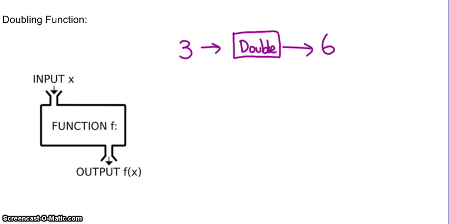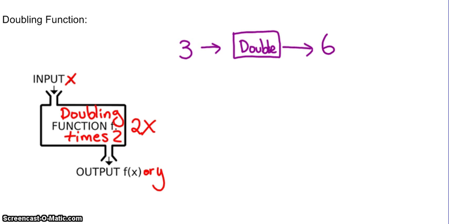Okay? Now, what does this mean? So if I end up with 3 and get to 6, the doubling function is taking whatever x is and multiplying it by 2. So you can also say this is a times 2 function. Another way you can say it is that whatever is in here is going to be 2 times x. Okay? And whatever you get out is your f of x or your y value.